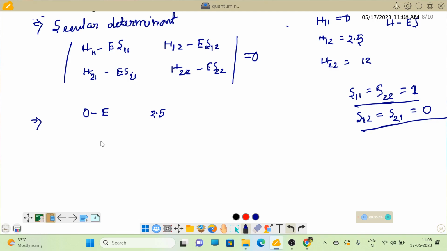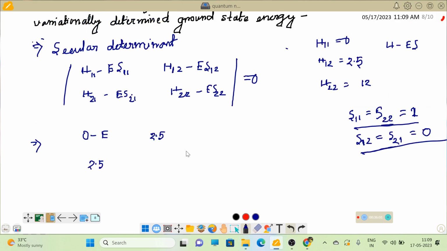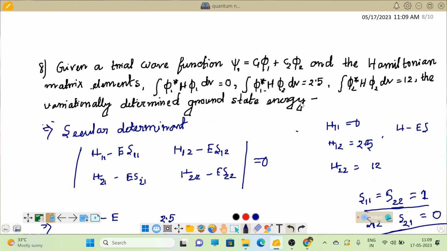S21 is also 0, so this is also 2.5. I forgot to tell you that the H12 and H21 values are the same.